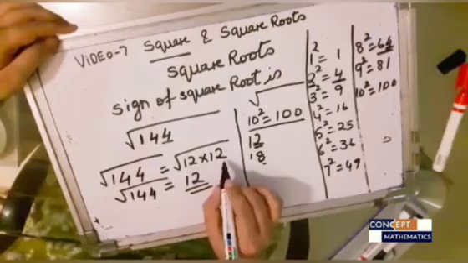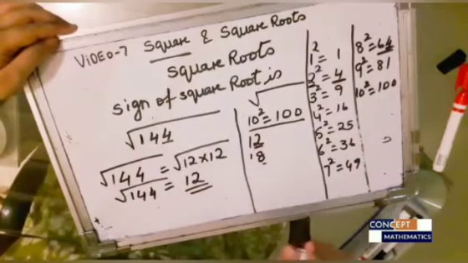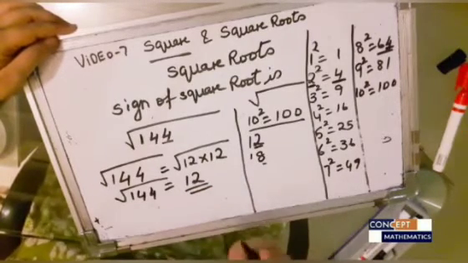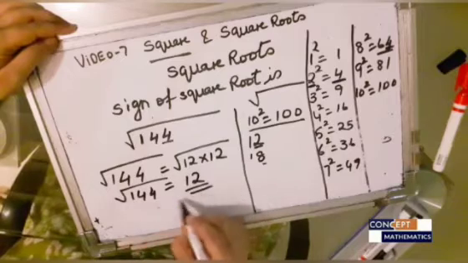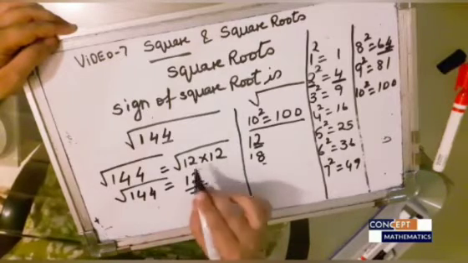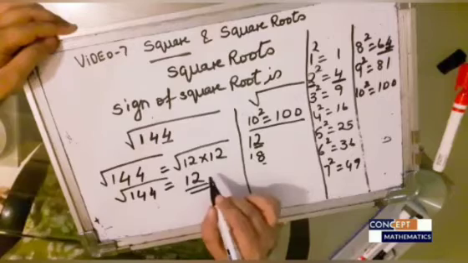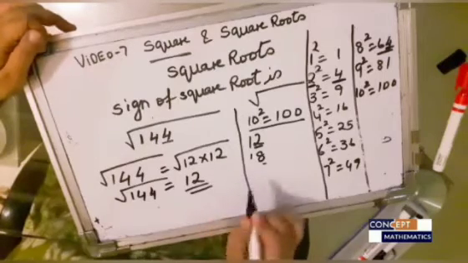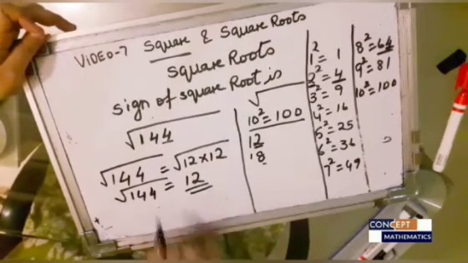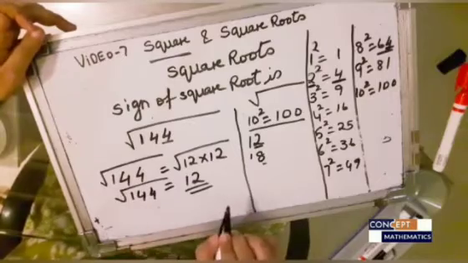Because 12 into 12 gives you 12 square, but we are finding the square root. So in case of square root, you just have to write one number, not both the numbers. Because it is understood that 12 square will give you 144, but the square root of 144 is only 12.